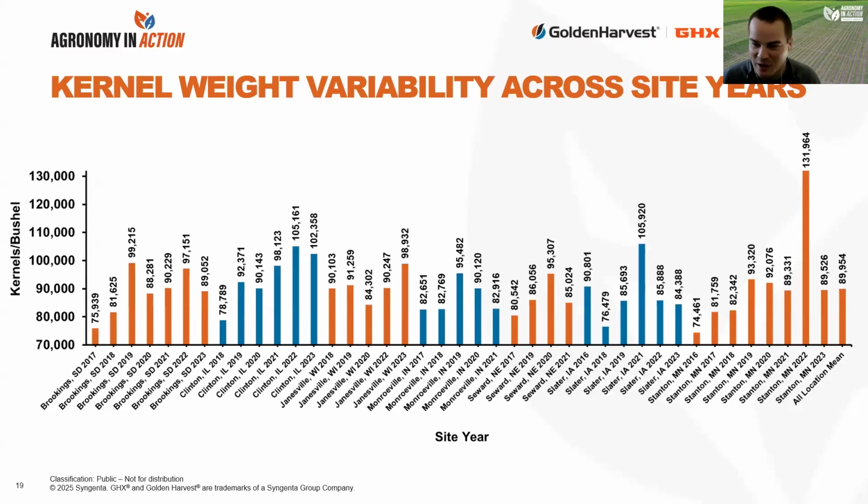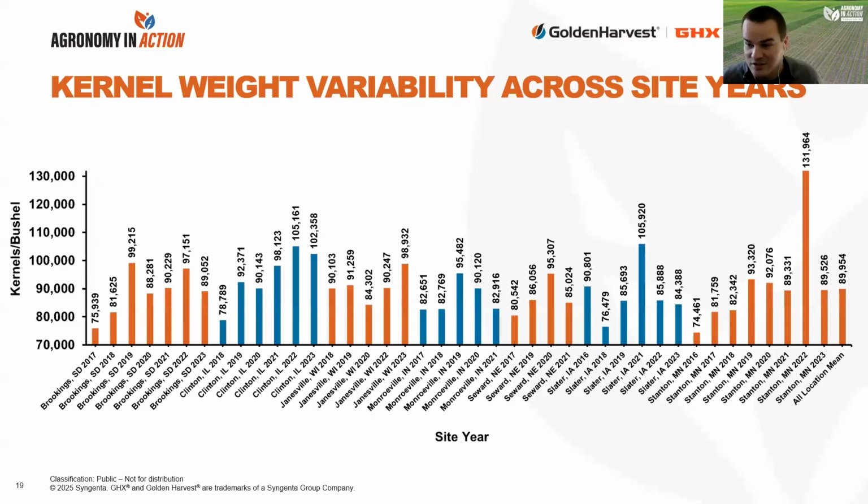I actually had to look back and see what went on at that location in 2022 to see why we had such light kernels there. They experienced a pretty significant drought in central Minnesota that year. I think they were averaging between 6 and 8 inches less rain during the grain fill period. So they just didn't have the resources to fill those kernels and ended up with very light kernels.